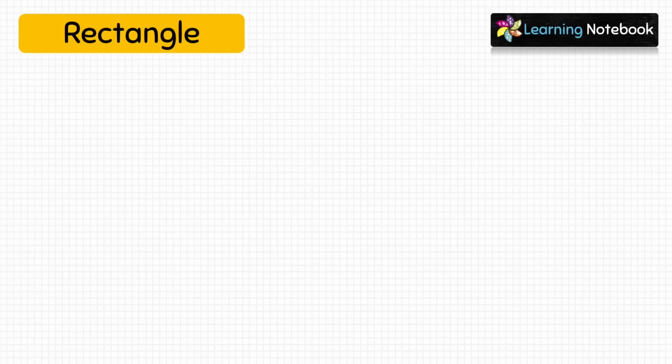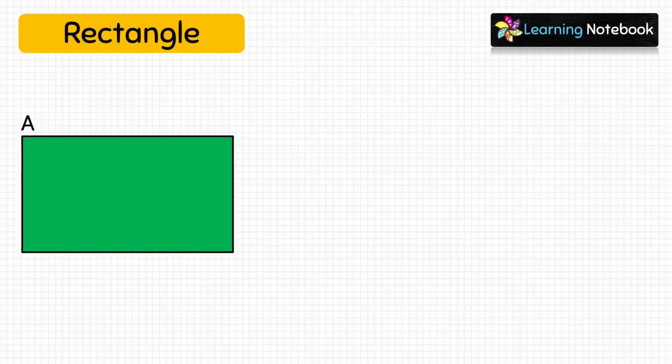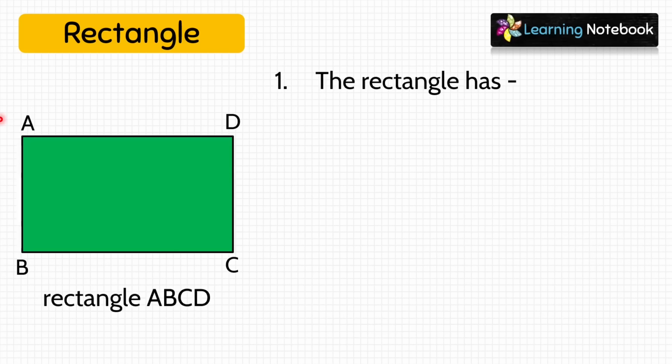Now next shape is rectangle, which is a quadrilateral. Why? Because rectangle is formed by 4 line segments. And a rectangle has how many sides? 4 sides.